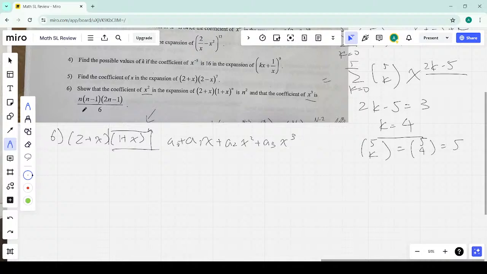So what we're going to do is expand (1 + x)^n, but we're only going to write up to the x cubed term. So I'll copy 2 plus x down first.